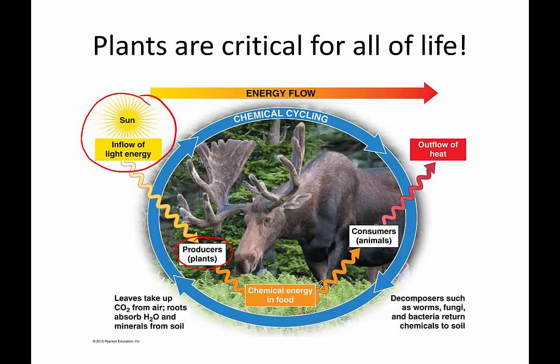They're the only organisms that can take in energy and give that to other organisms. Something like this moose is able to take that sunlight energy, energy that ultimately came from the sun, and convert that into other molecules which can be used by different organisms. Again, all energy on Earth essentially comes from the sun, and plants are really the only organisms that can utilize that sun energy.